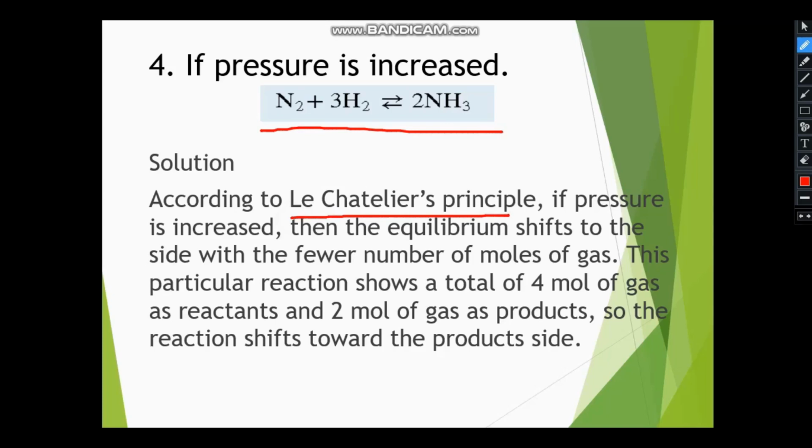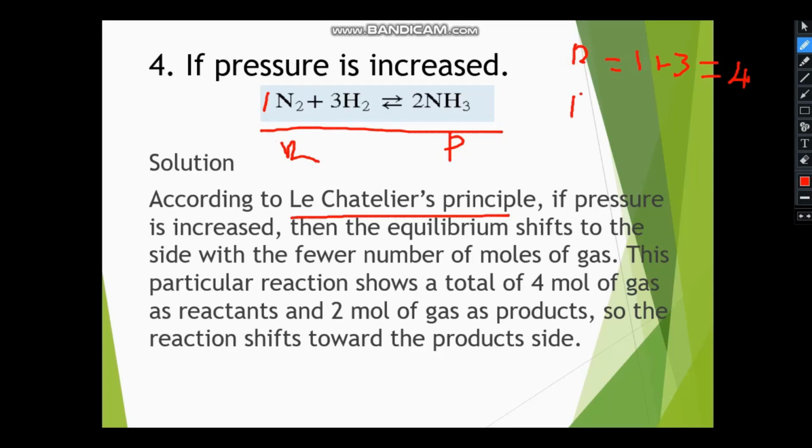Let's see from the reactants what the total number of moles is. Here we have 1 and 3, so 1 plus 3 gives you 4 moles from the reactants.